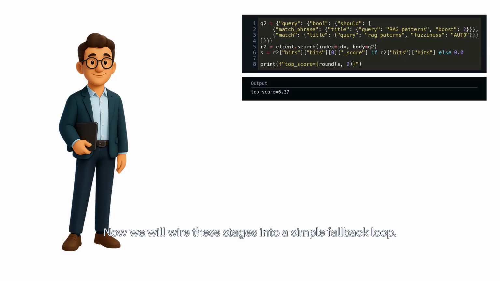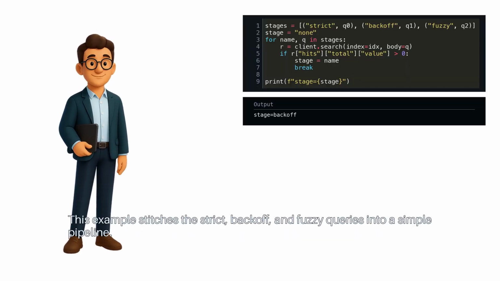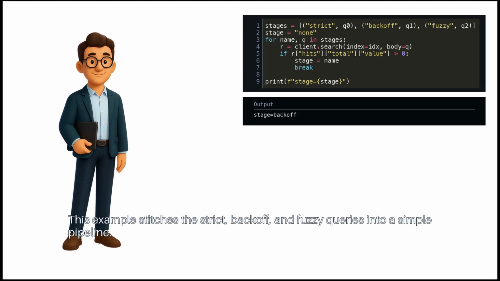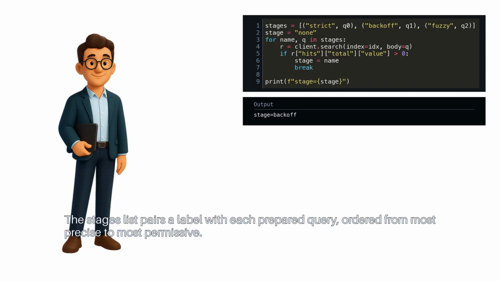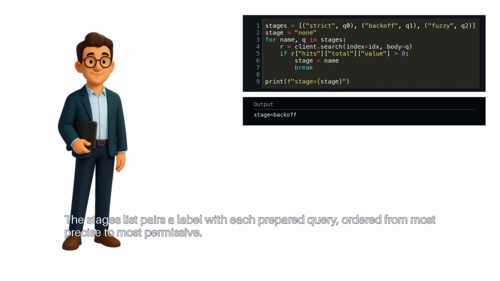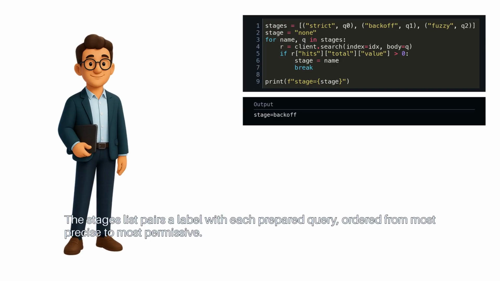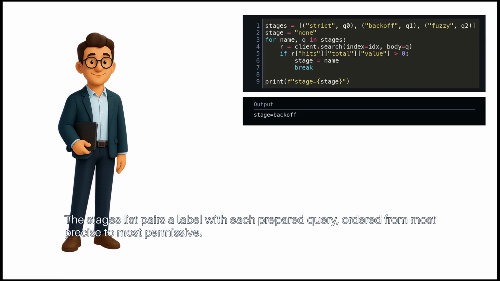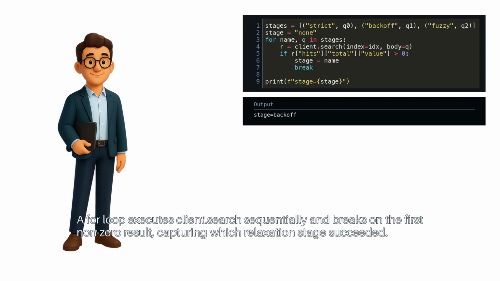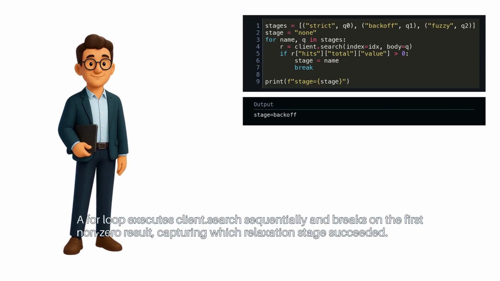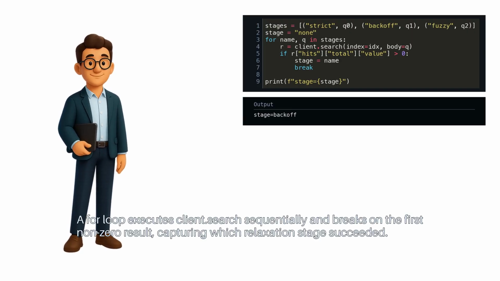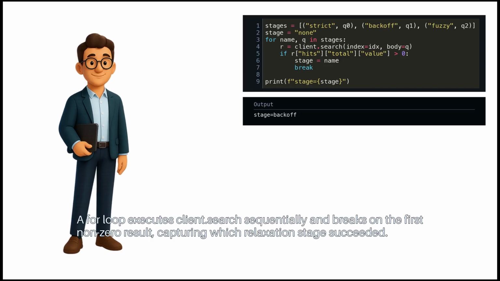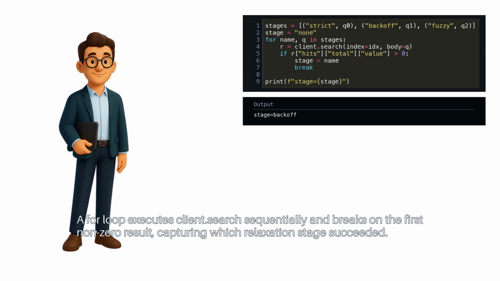Now we will wire these stages into a simple fallback loop. This example stitches the strict, backoff, and fuzzy queries into a simple pipeline. The stages list pairs a label with each prepared query, ordered from most precise to most permissive. A for loop executes client.search sequentially and breaks on the first non-zero result, capturing which relaxation stage succeeded.